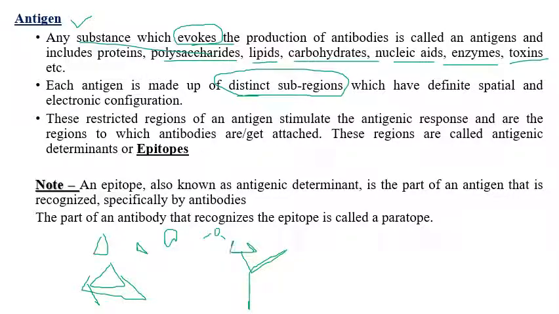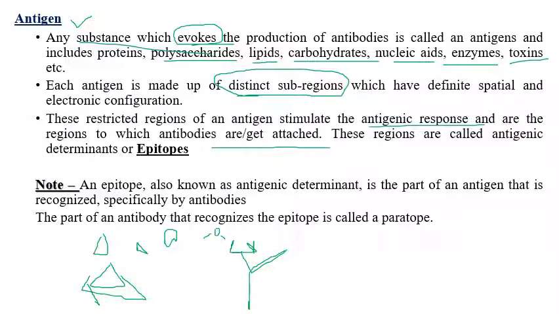If the structure is like this, only then can the antibody bind the antigen. Their distinctive subregions have a specific electronic configuration so that they can bind with specific antibodies. These are restricted regions of the antigen that stimulate the antigenic response and are the regions to which antibodies get attached.